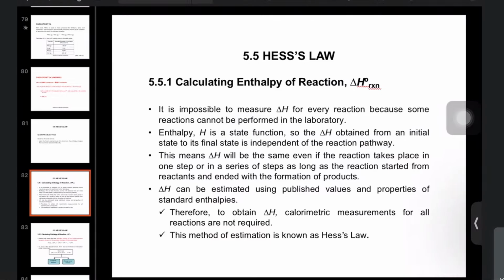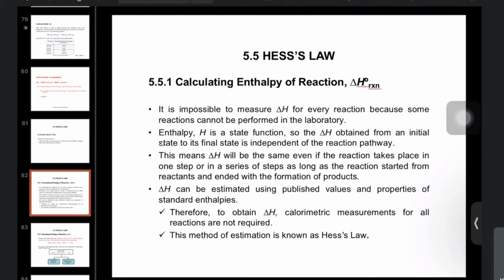This means delta H will be the same even if the reaction takes place in one step or in a series of steps, as long as the reaction started from reactants and ended with the formation of product. Delta H can be estimated using published values and properties of enthalpy, standard enthalpy. Therefore, to obtain delta H, calorimetric measurements for all reactions are not required.